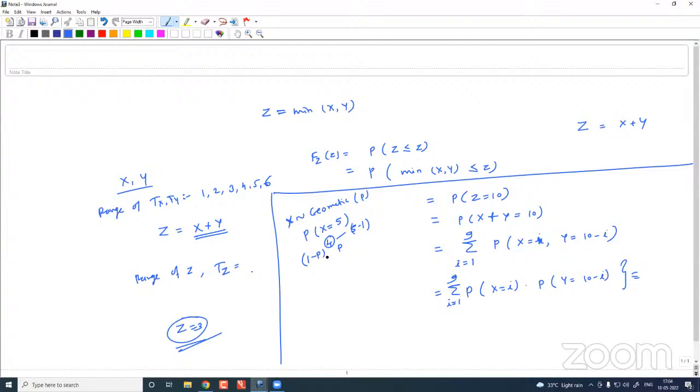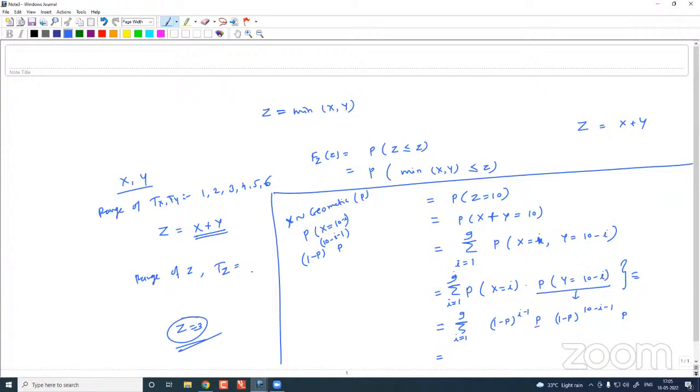So if I say I here, I should write I minus 1. So the summation from I equals 1 to 9 has (1 minus p) to the power I minus 1 into p. And instead of I, if 10 minus I is there, it is (1 minus p) to the power 10 minus I minus 1. This is the same for Y equals 10 minus I, because it is also a geometric variable with the same parameter p, so I write (1 minus p) to the power 10 minus I minus 1 into p.